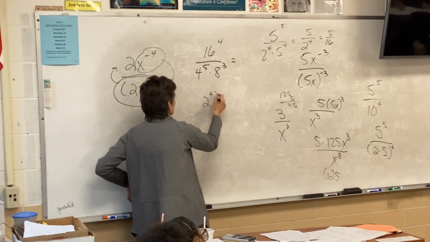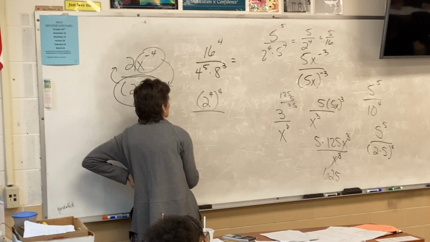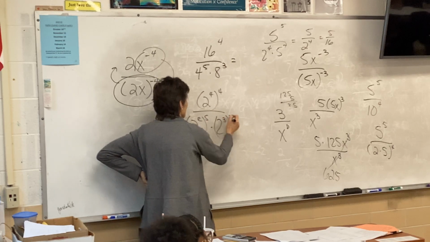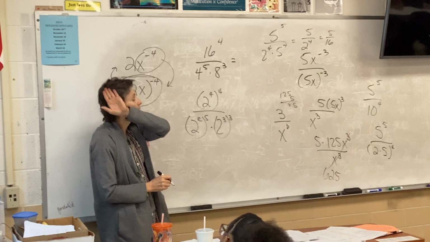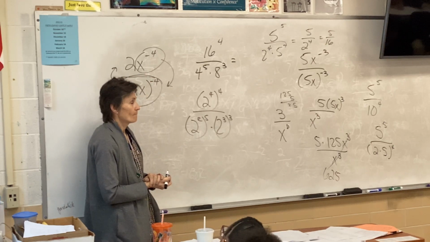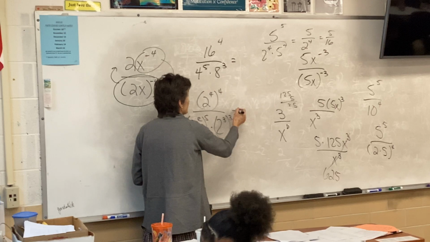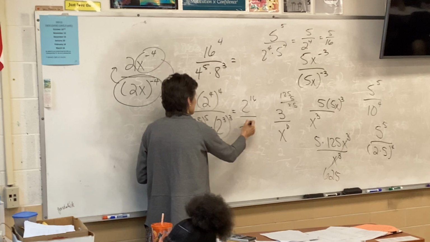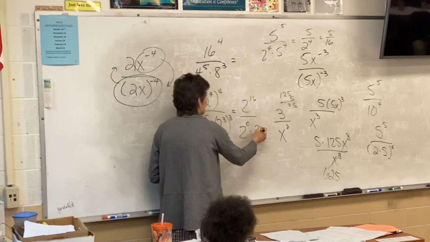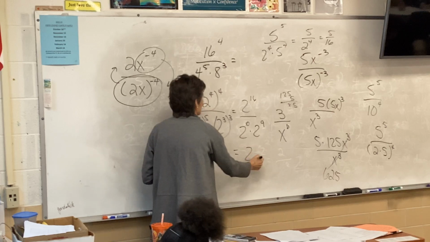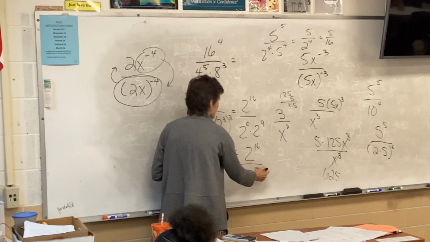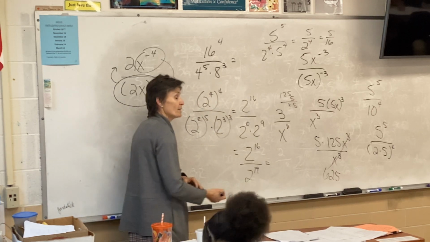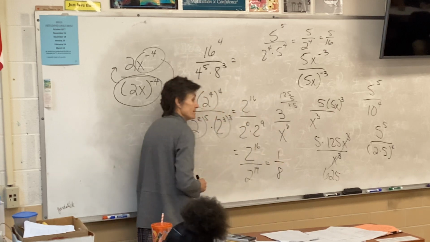So 2 to the 4th to the 4th, 2 squared to the 5th, 2 cubed to the 3rd. 2 to the 16th over 2 to the 10th, 2 to the 9th. This looks familiar. 2 to the 16th over 2 to the 19th. What's my answer going to be? 1 over 2 to the 3rd, which is 1 over 8.